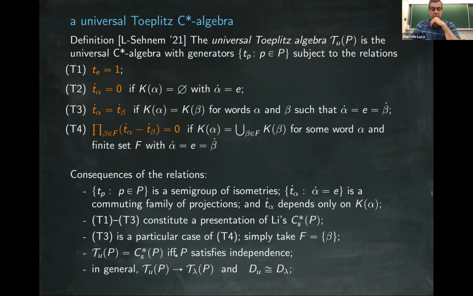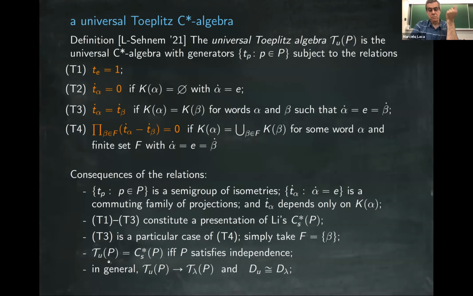So more interestingly, if P satisfies independence, then let's interpret T4 when P satisfies independence. It says that K_α is equal to the union of K_β's. Well, if P satisfies independence, then one of the K_β's has to be equal to K_α. And then by T3, the corresponding T dot α and the corresponding T dot β are the same. So this product is 0 because one of the factors is 0. So T4 is automatic when independence holds.